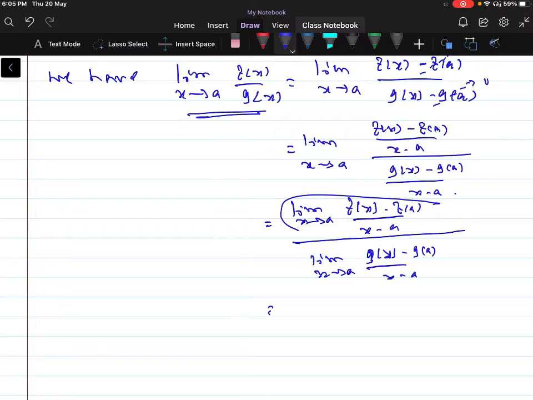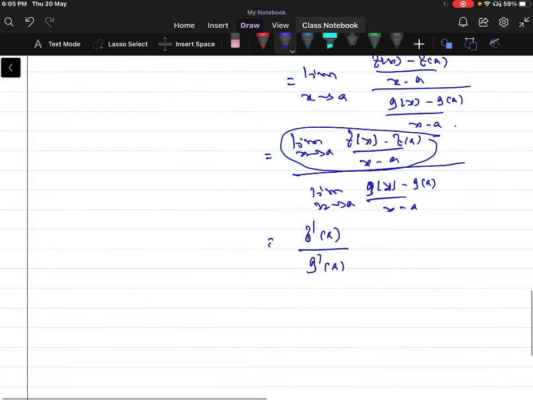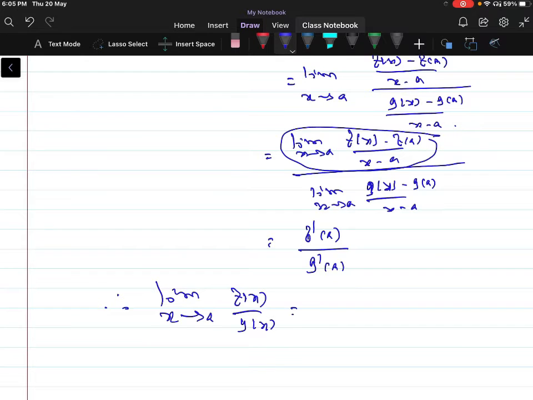So this can be written as f dash of a by g dash of a. Therefore, the limit as x approaches a of the ratio of the functions f of x and g of x is equal to the derivative of f at x equal to a, that is f dash of a by g dash of a.